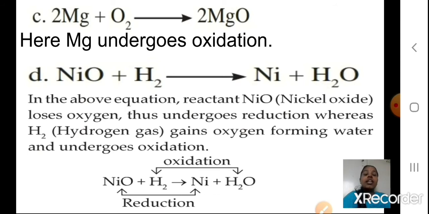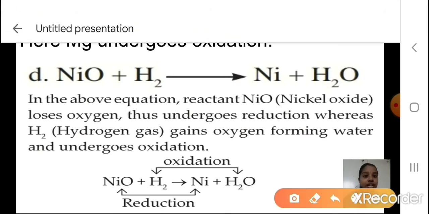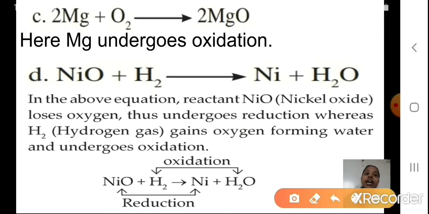Okay students, now the fourth one. NiO plus H2 gives Ni plus H2O. Now if you see in the above reaction, the reactant NiO, nickel oxide, loses oxygen. Is it losing oxygen? Yes, thus it undergoes reduction.